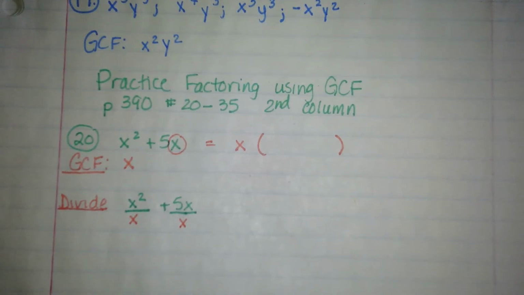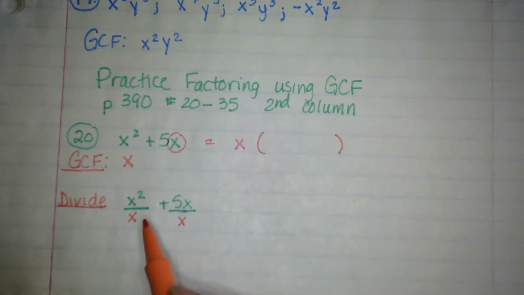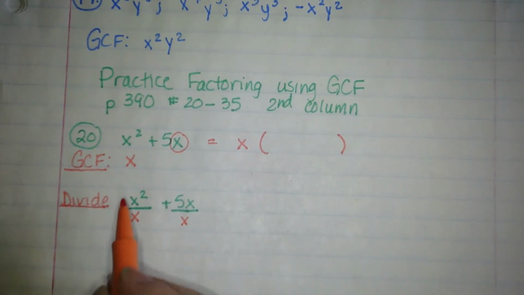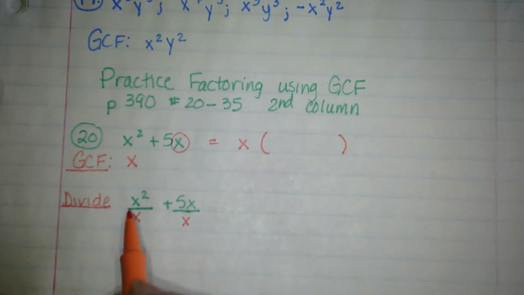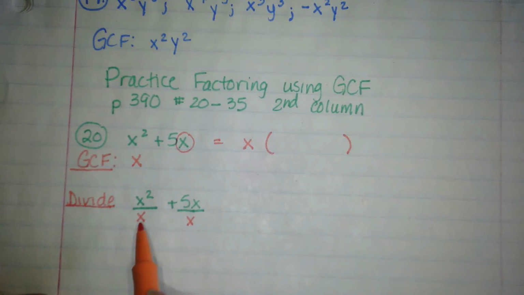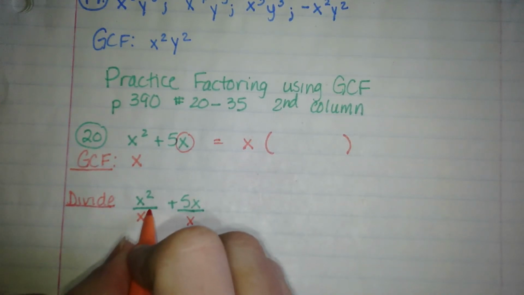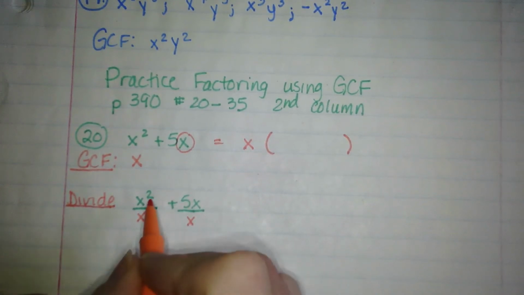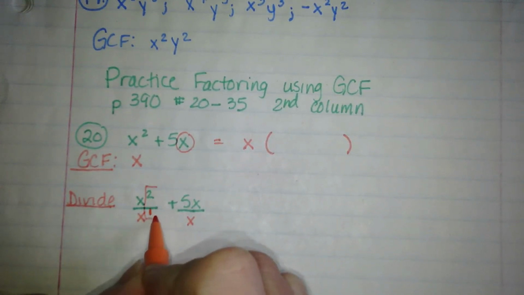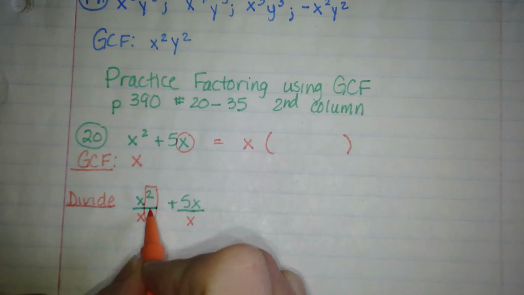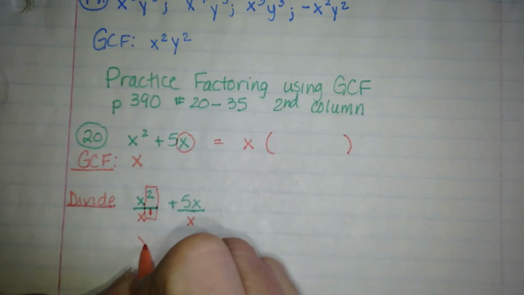Okay, now don't forget your division rules. When you divide, you're going to divide the numbers, but we don't have any there. We're going to keep the base, and we're going to subtract the exponents. So remember, this is really x to the first. So x squared divided by x to the first, 2 take away 1 is going to give us x.